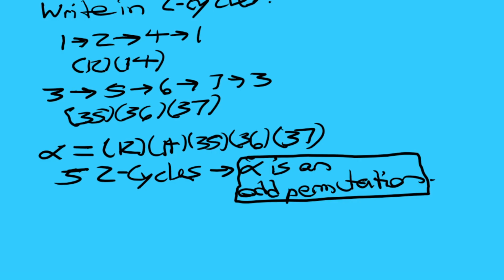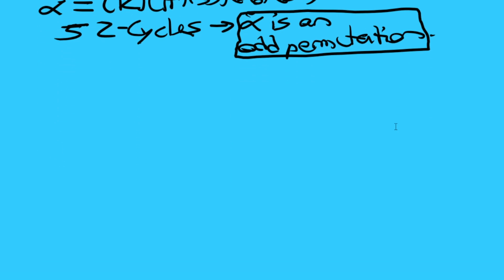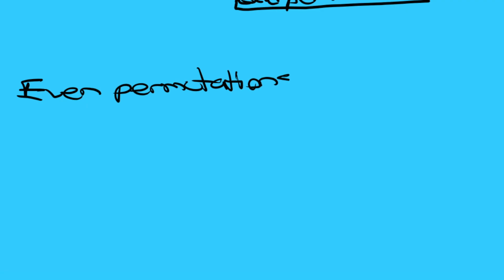So the next theorem we are going to look at is: even permutations form a group.